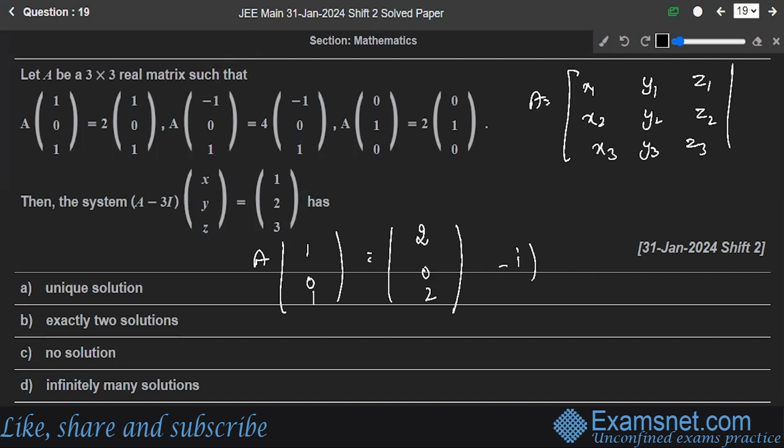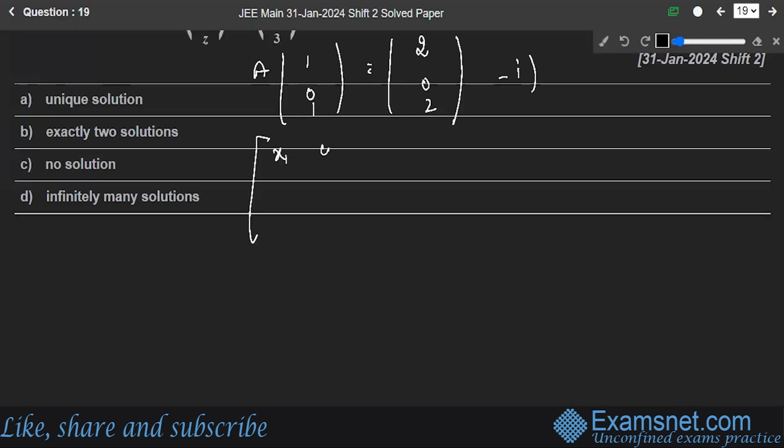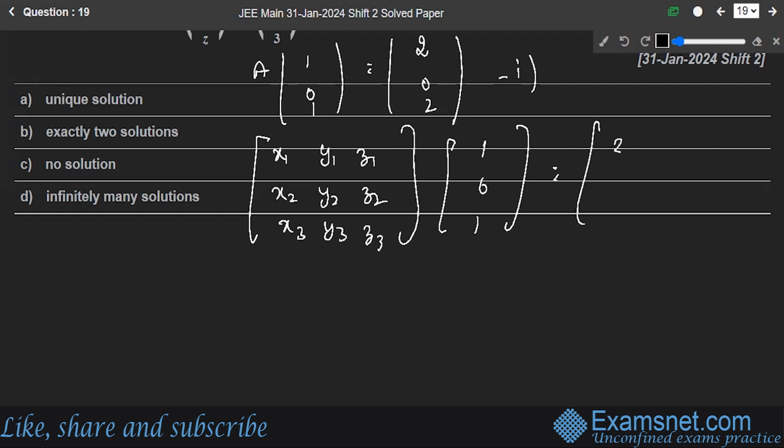So A is the matrix x1, y1, z1, x2, y2, z2, x3, y3, z3, multiplied by (1, 0, 1), which is (2, 0, 2).